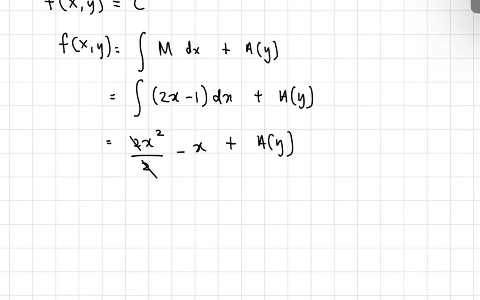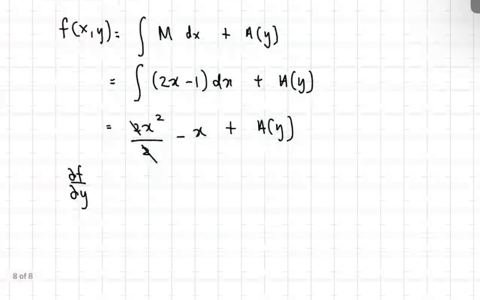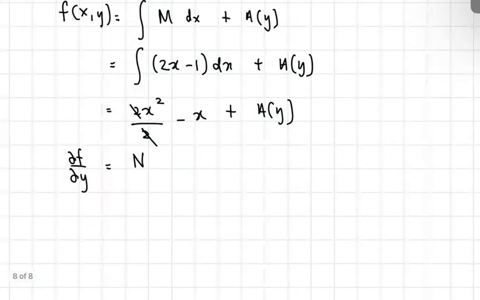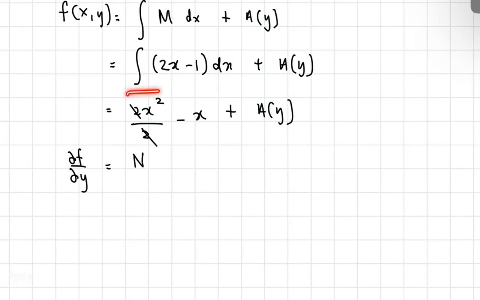Then we partially differentiate, so we are doing del f over del y. Del f over del y must equal the function N. So we differentiate this function f with respect to y. Differentiating x squared, we get 0.